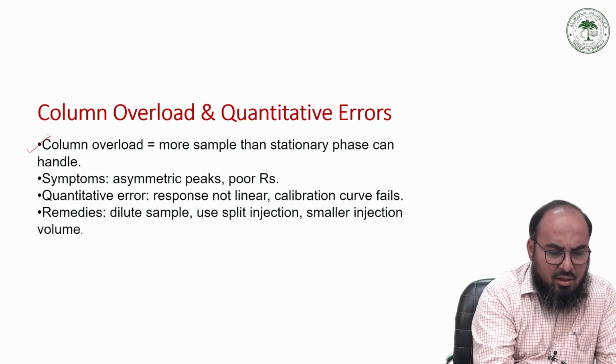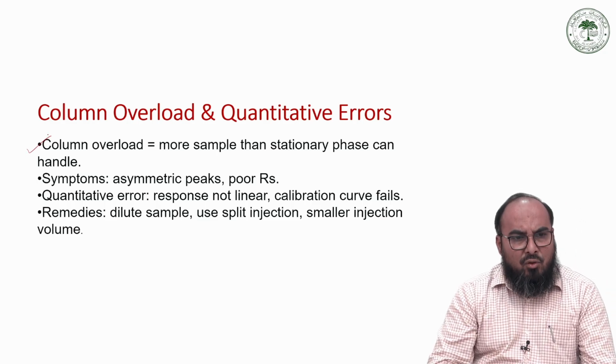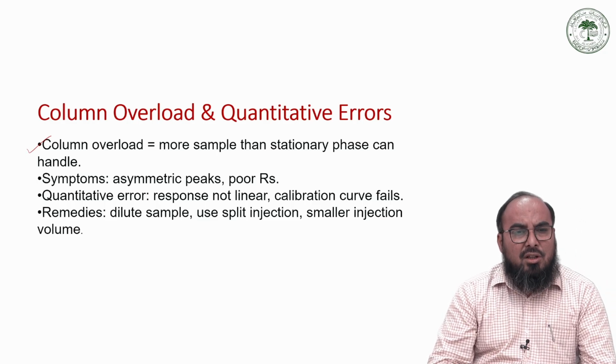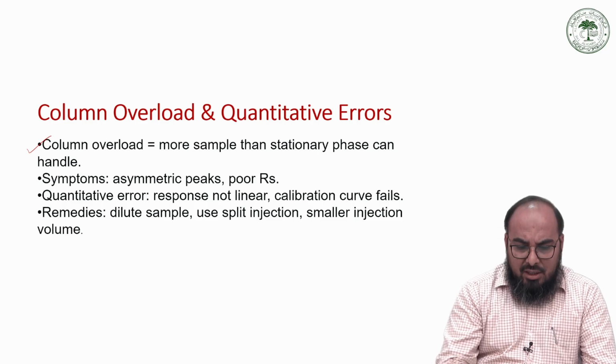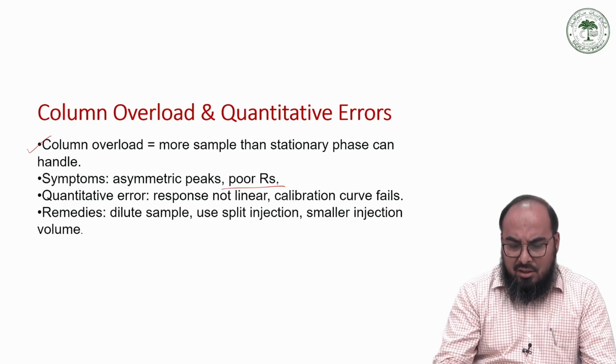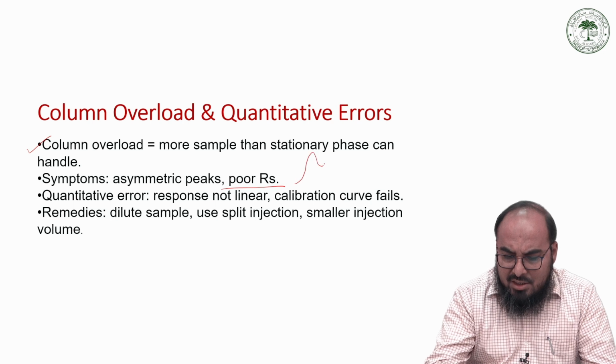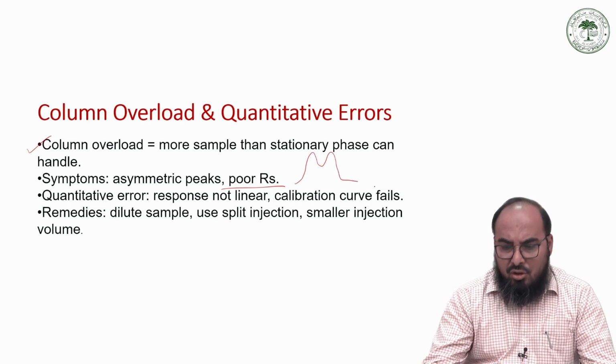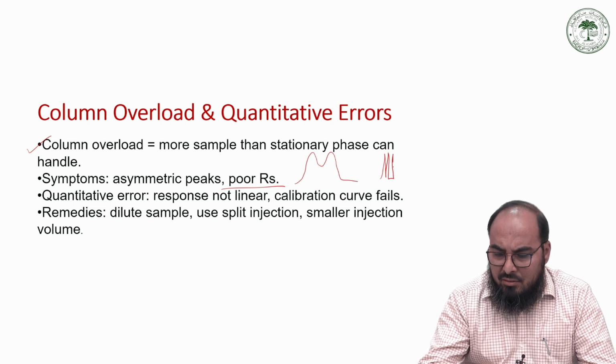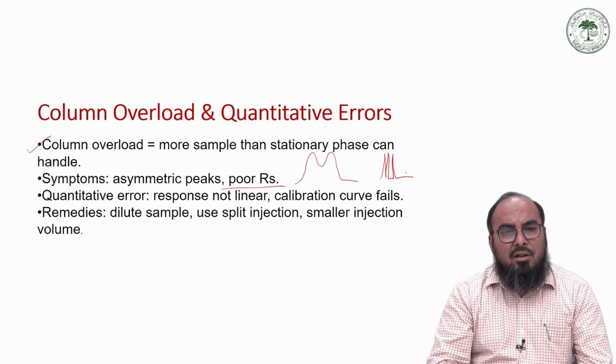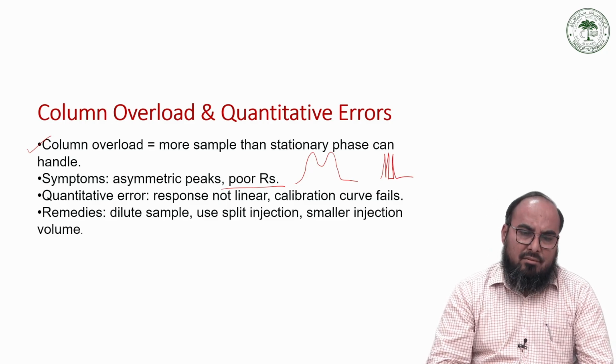So you have to check for the column overloading. Similarly, you have to check for the asymmetric peaks and for the poor resolution. That is whether you are getting this type of result or this type of result. So you have to check what is happening.